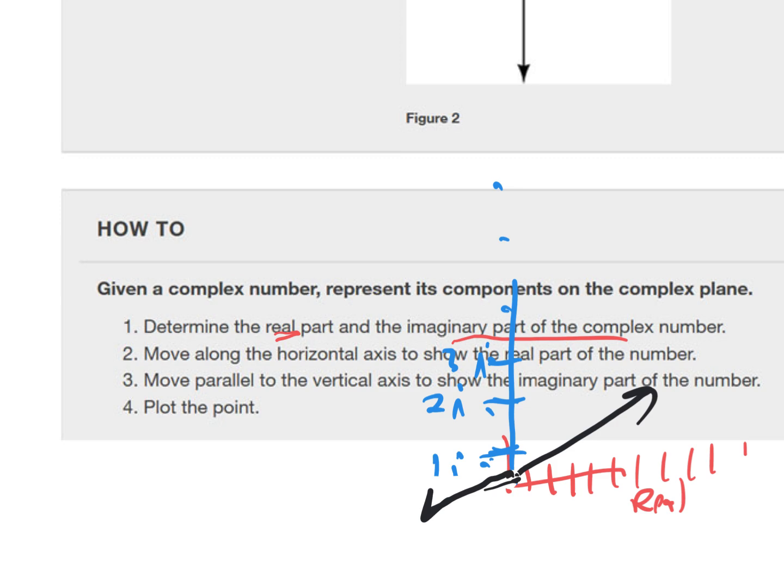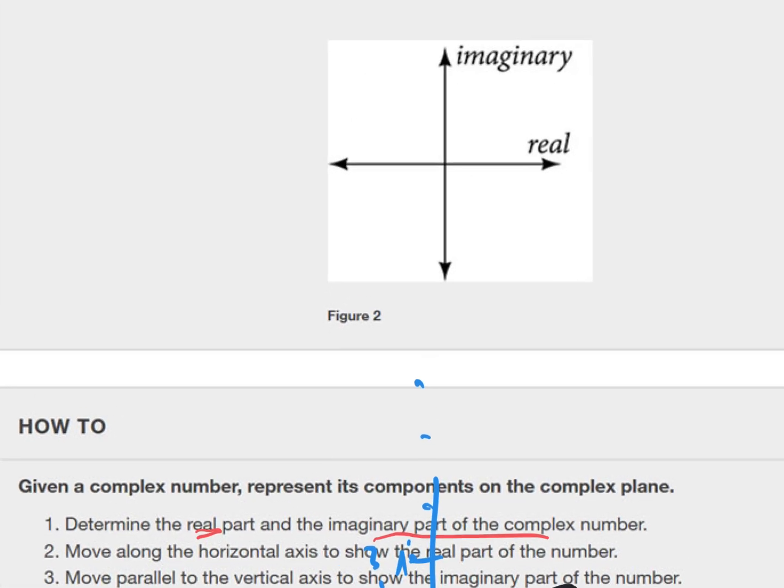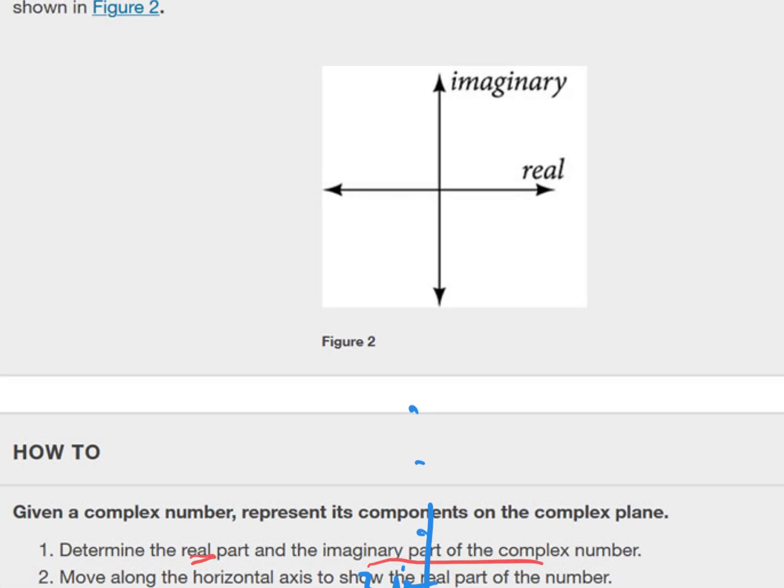Then what you do is you match up the real part with the complex part, and just plot a point. That's all you're really doing. You're not plotting a line, you're plotting a point. So if I was counting 1, 2, 3, 4, 5, then 1, 2, 3, it's really a point: 5 plus 3i. It's a dot. It's not a line.